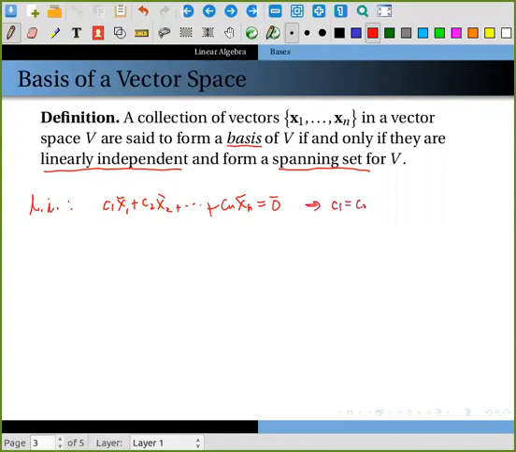So if c1 equals c2 equals etc., cn equals 0. And so this is linear independence.